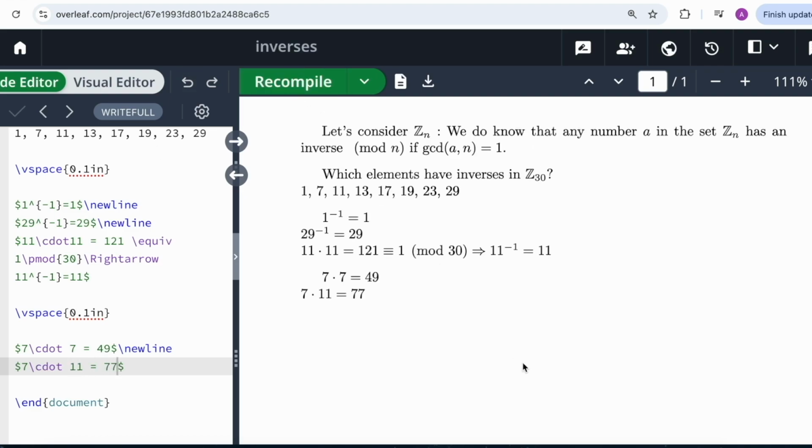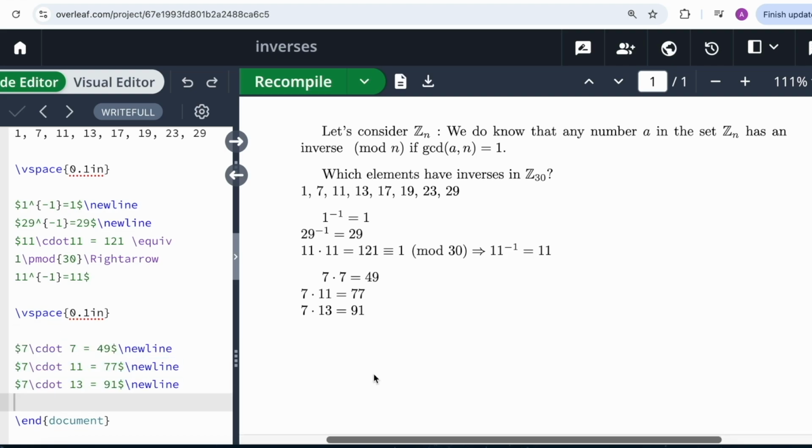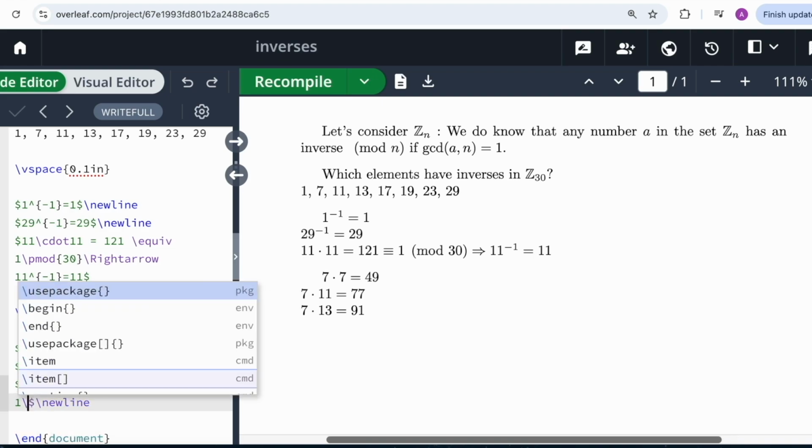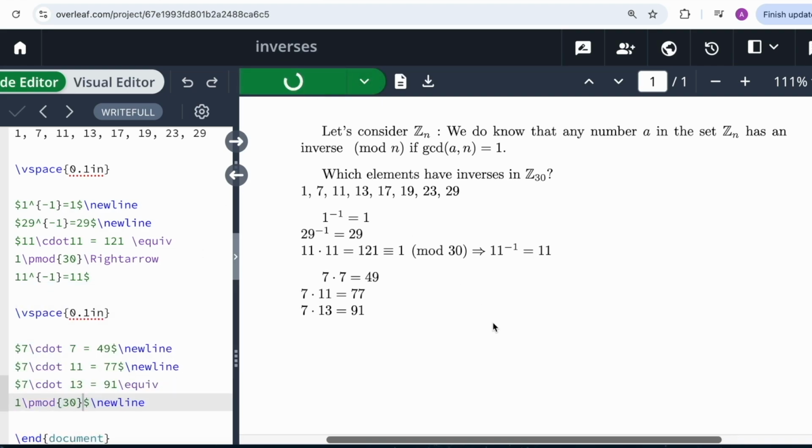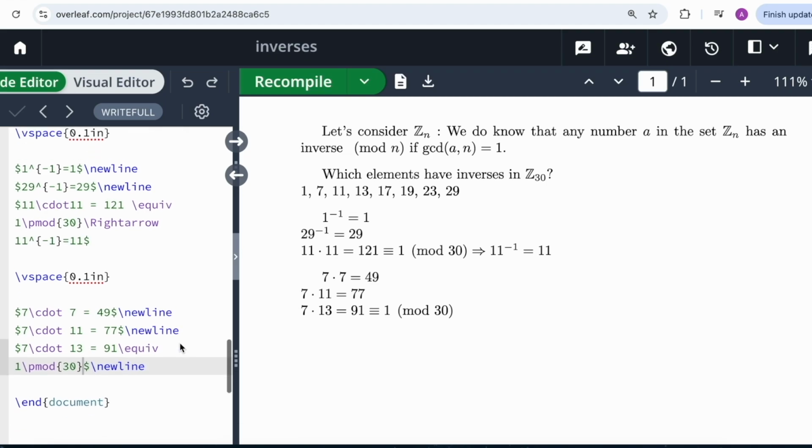And again, I know that's not 1 mod 30. But 7 times 13 does give 91. And 91 is in fact congruent to 1 mod 30. So it took some trial and error, of course, but now I know that the inverse of 7 is 13.